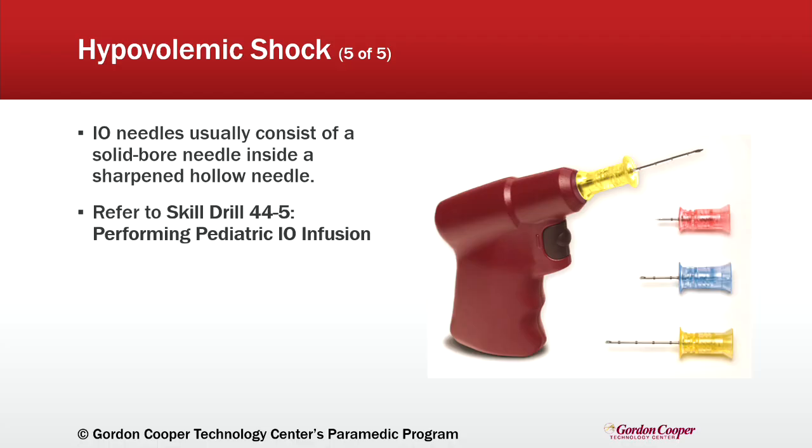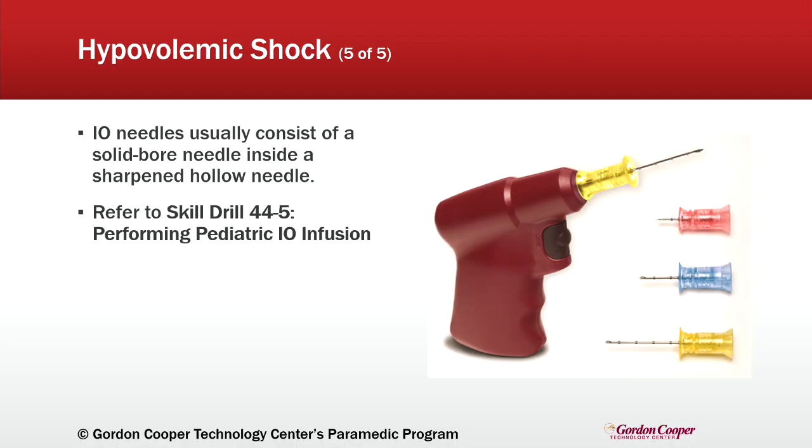The double needle is inserted into the bone, usually in the proximal tibia, with a twisting or screwing motion, moving away from the joint to avoid disturbing the growth plate. So make sure you're far enough down that you don't mess up the growth plate. Once the needle passes through the bone, the solid center part of the needle is removed, leaving the hollow part in place. And then you can easily attach standard IV tubing to that catheter that's left in place.